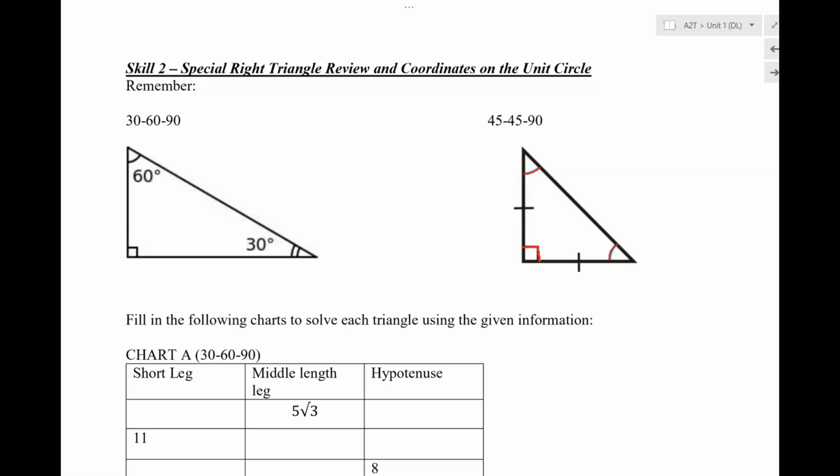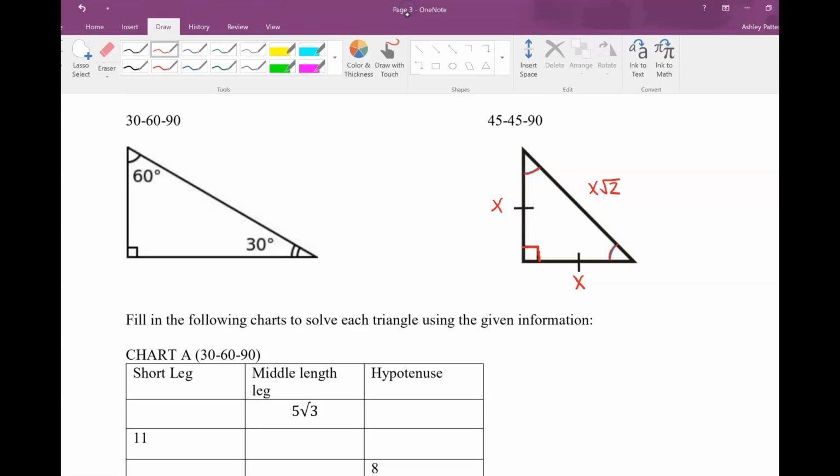Because it's isosceles, back in the day, aka last year, we said that these would be x to find what the relationship was. And then your geometry teacher most likely showed you that the hypotenuse is going to be x rad 2. It is whatever the base side is, and the hypotenuse is that times rad 2. That was the relationship.